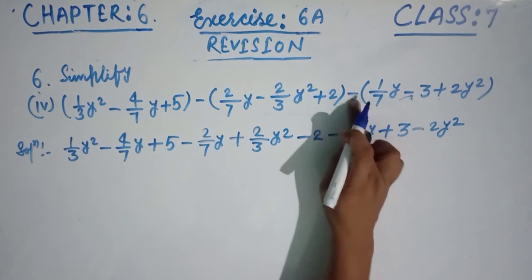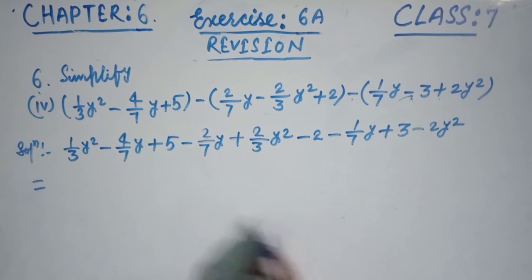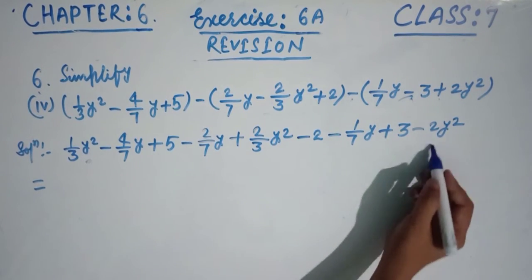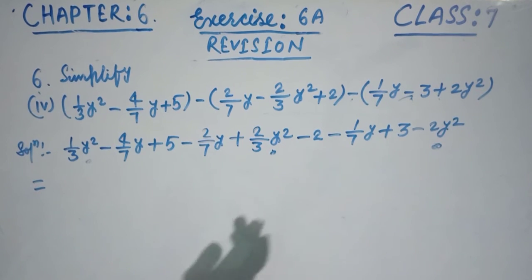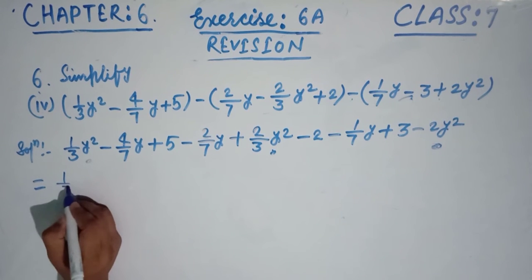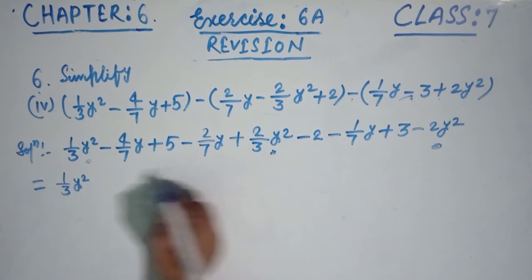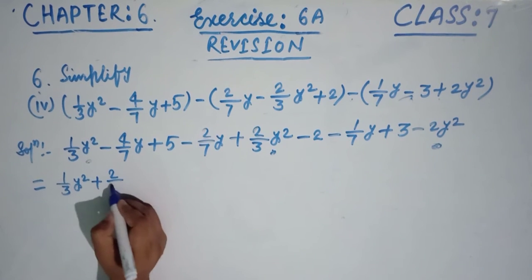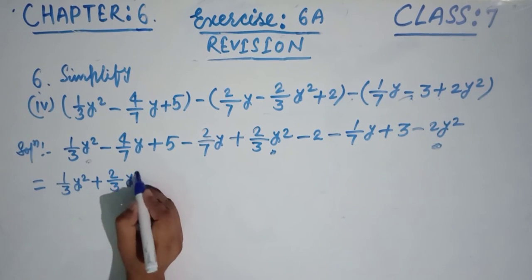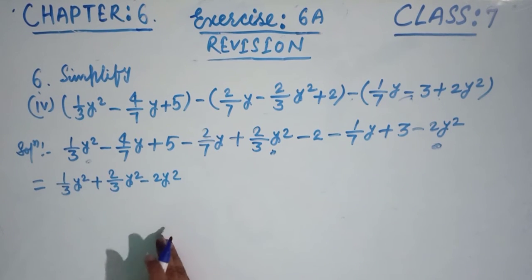Now friends, bring all the y square terms together. These are the y square terms: 1 by 3y square, next plus 2 by 3y square, and minus 2y square. Now next, here are the y terms.